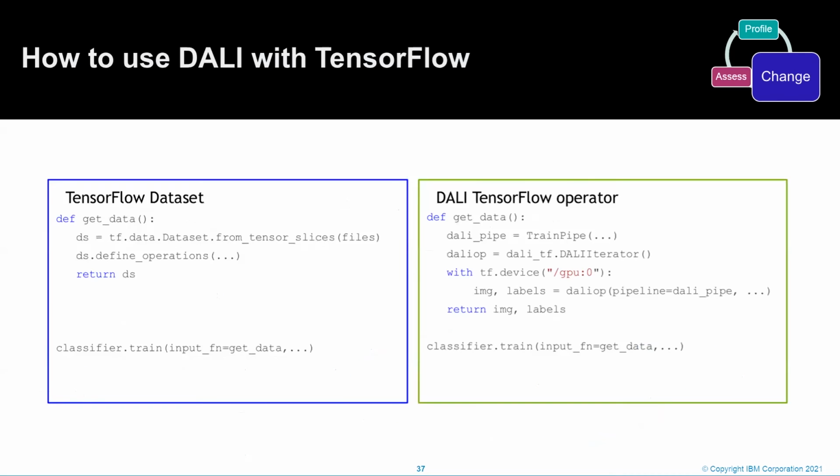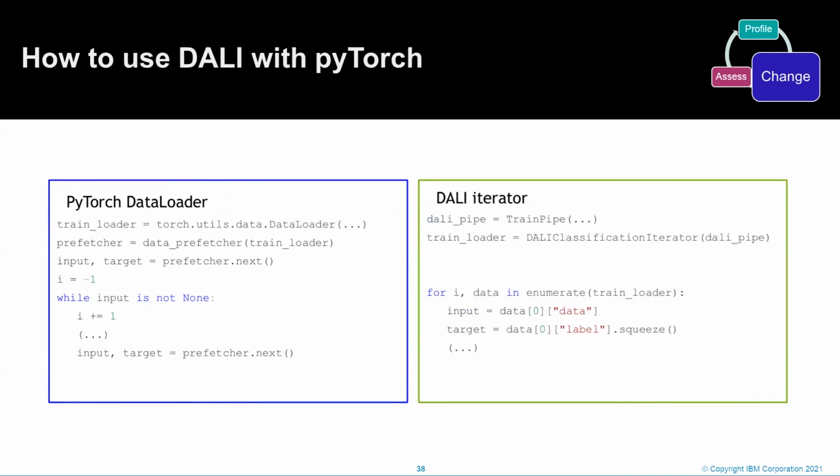If you look at the changes you have to make from your traditional TensorFlow pipeline compared to DALI, there are lots of examples provided by NVIDIA. So this is typically how it looks. And if I'm focusing on PyTorch, it's a comparison with this data prefetcher class I've just shown. You can see that there are not that many changes, and the logic is very similar.